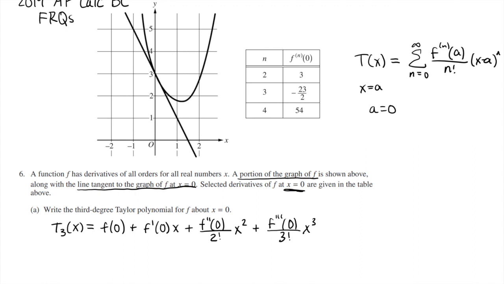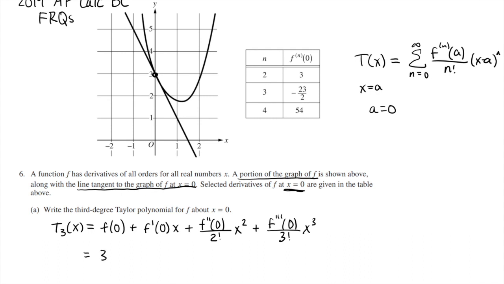Okay, and so this Taylor polynomial I know exactly what it is. It's this. And the things I need to fill in are these values of the function and its derivatives at 0. And so luckily they give me all the information I need to find those numbers. So f of 0, that's just the value of the function at 0, looks like it's 3 based on this graph.